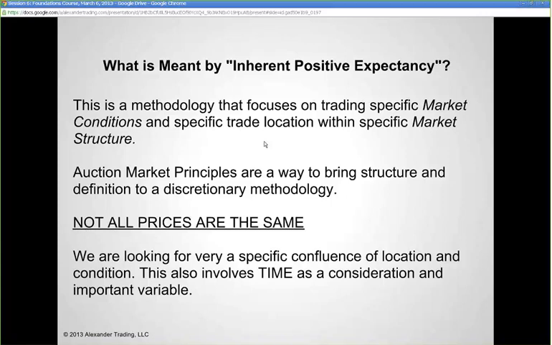You're looking for a balance area, and you're trying to catch an initiative breakout of that balance area. And then the ideal trade is when you can line up the smaller degree balance area, or a balance area that is at some extreme. Then you have that trade that gives you the incredible reward to risk, because you have the risk of the smaller structure and the reward of the much larger structure.